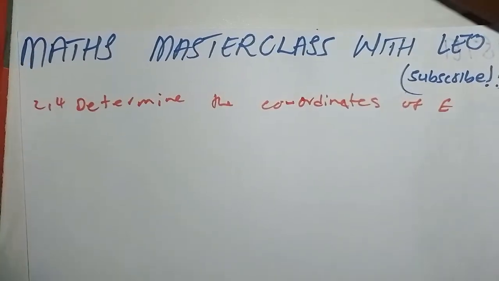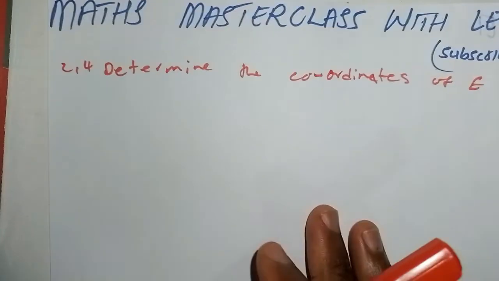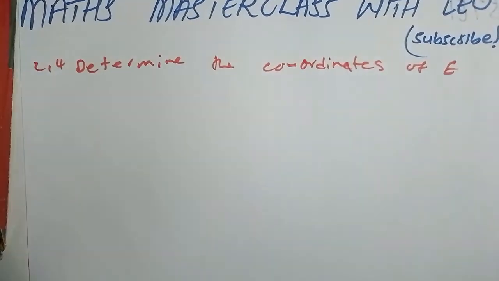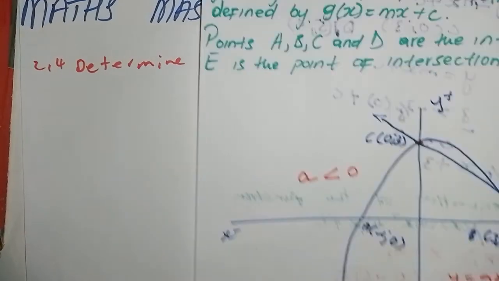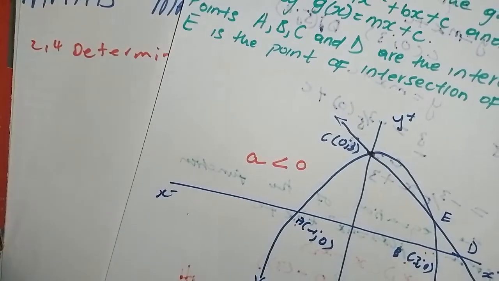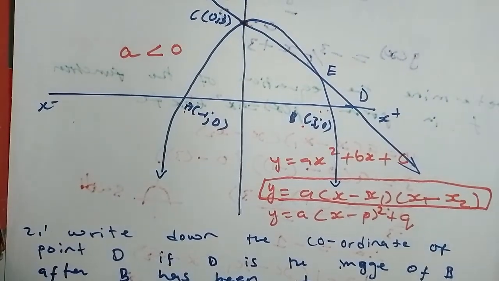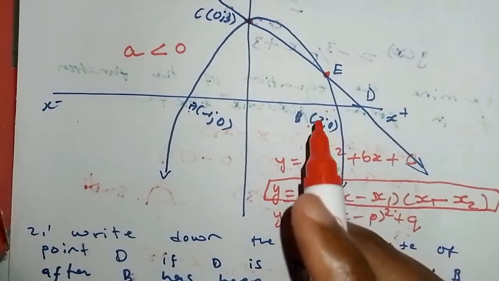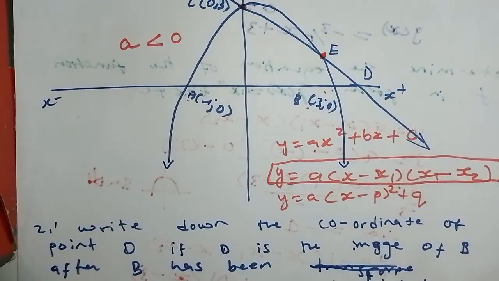Okay, now you have that equation. It says determine the coordinates of E. Where exactly is my E? The value of E is here. They said E is the point of intersection of the two graphs.